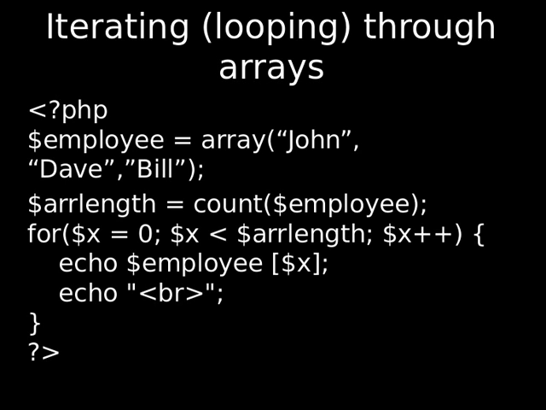To iterate through the array, we use the count function to find the length of the array, and then a for loop as explained in the earlier tutorial, with $x = 0, $x less than array length, $x++, which is an increment operator, and then we can echo the values inside this array using $employee[$x].